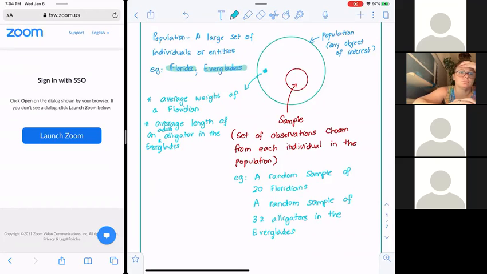So that entity, the numerical summary that I'm looking for an individual from a population, is what we call the parameter.